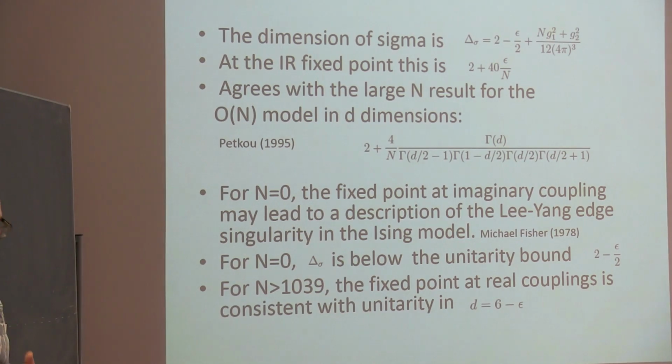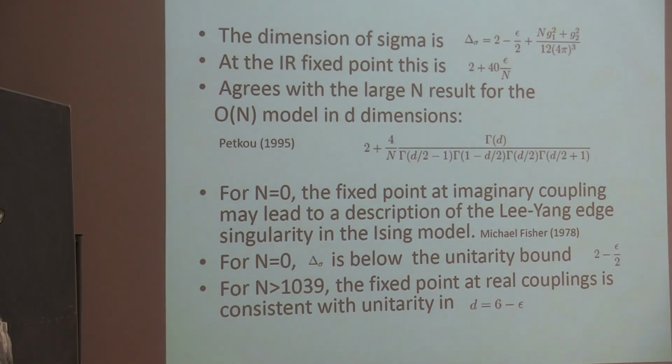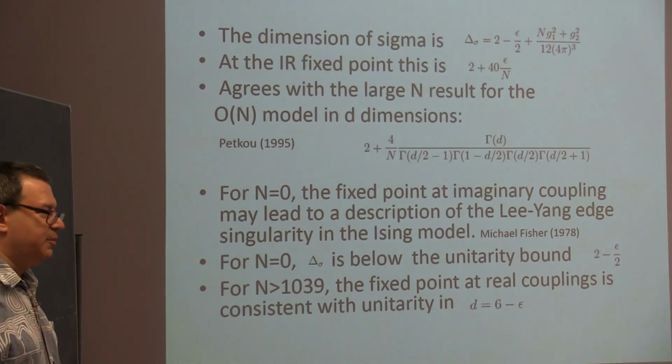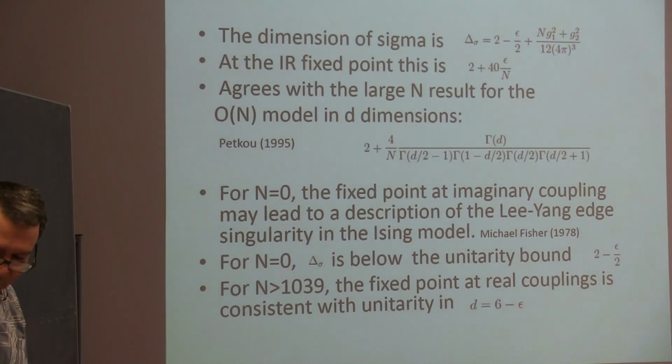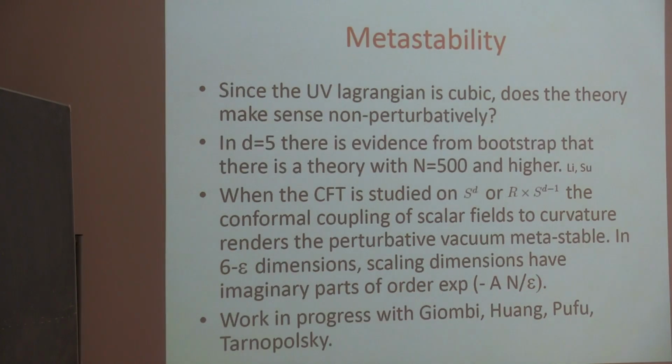Believe it or not, there are actual lattice systems that exactly agree with that theory. If you are on a Euclidean lattice, you can violate unitarity bounds without any problems, and these theories actually make perfect sense.